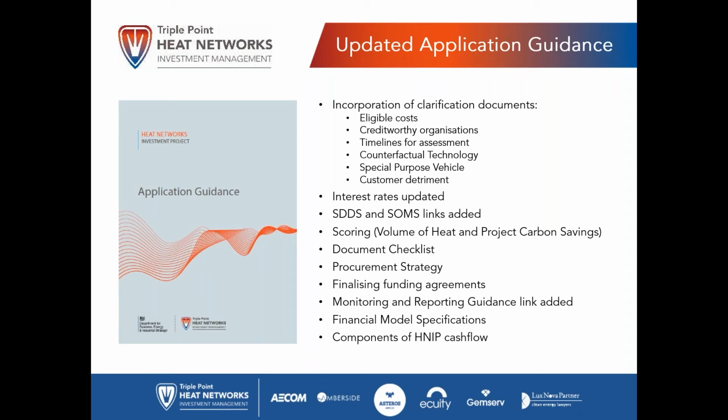Since publishing the application guidance, we've also published the standardised due diligence sets and the template HEAP contracts, so links to both of those have been added into the guidance. We've also added a little bit more information around scoring, and I'll come on to that a bit later. An updated document checklist, and some information around your procurement strategy and what we'd like to see within that.